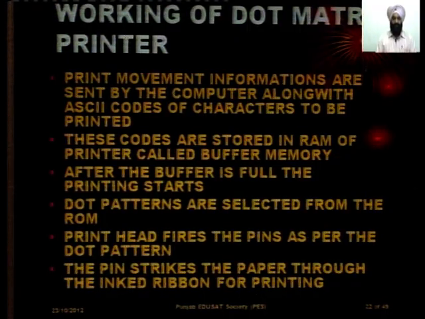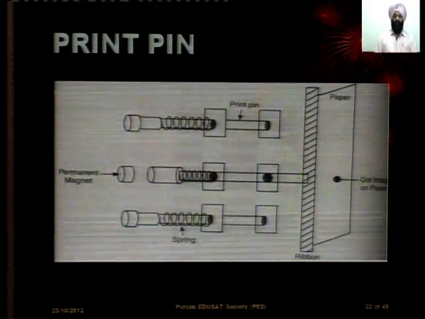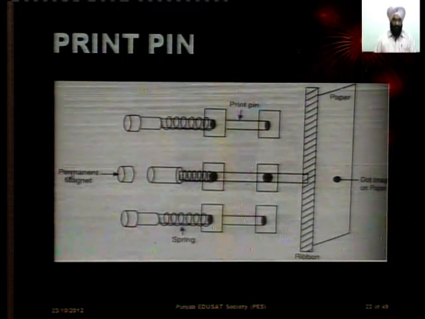So, the character H is formed on the paper, which is placed against the pins of the printer, having impact with the inked ribbon.